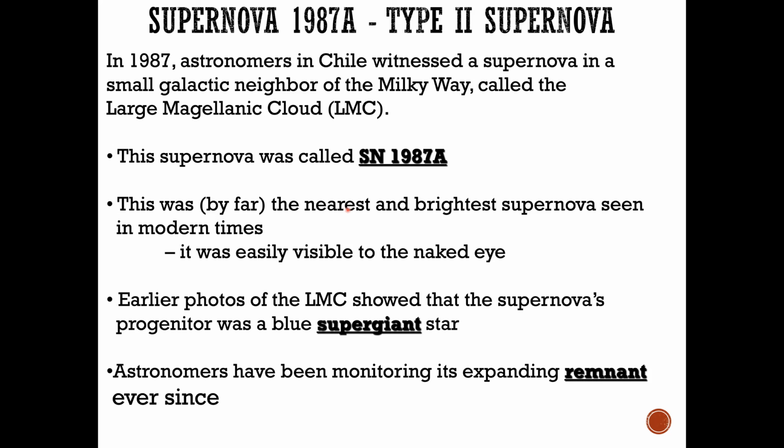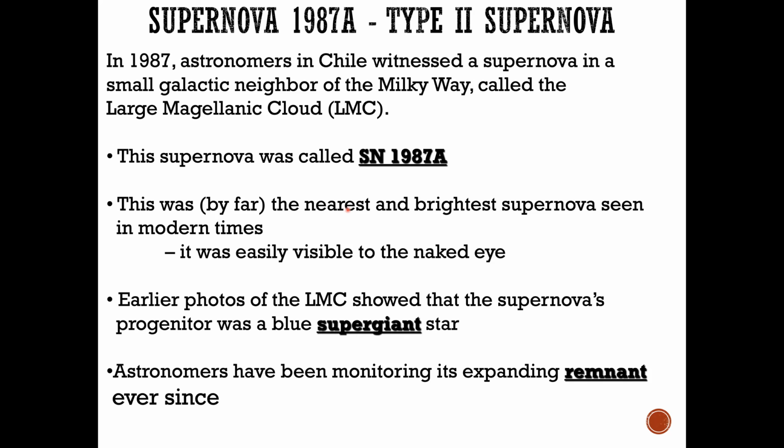This Large Magellanic Cloud is a galaxy that is very close by, and I will show you the Large Magellanic Cloud in my next lectures about galaxies. We cannot clearly see it from here because it's a galaxy in the southern hemisphere.